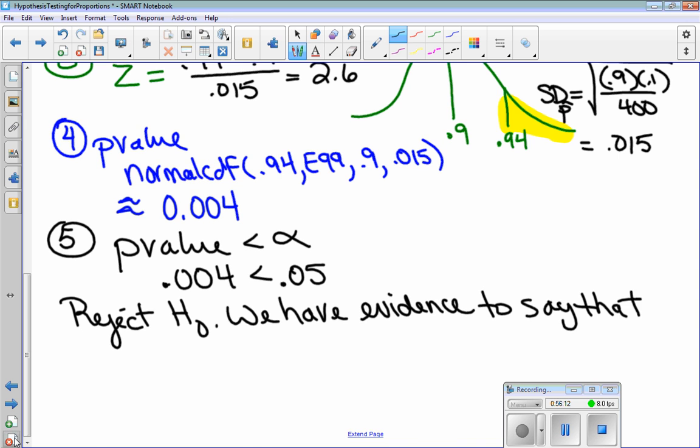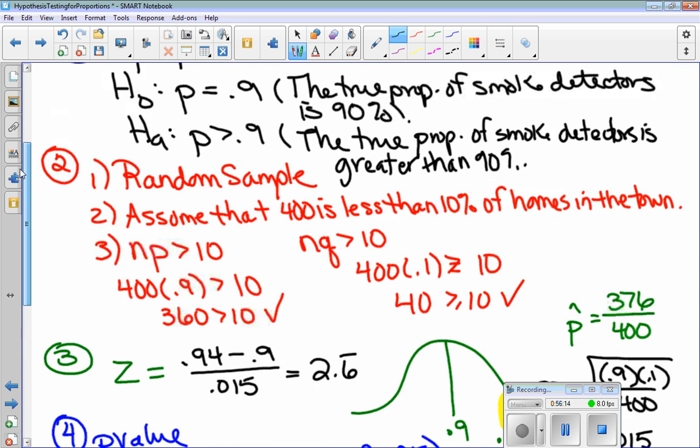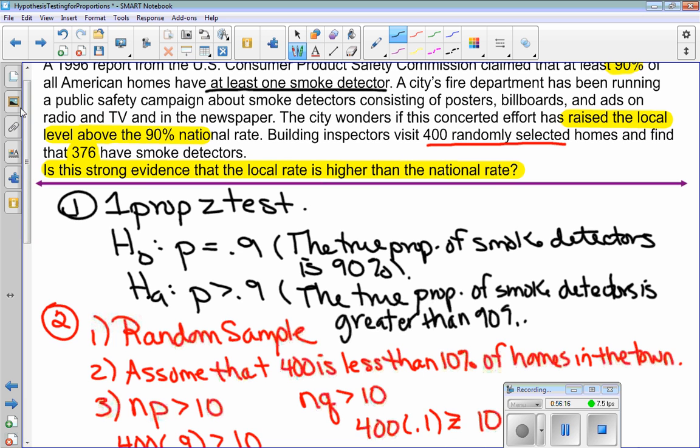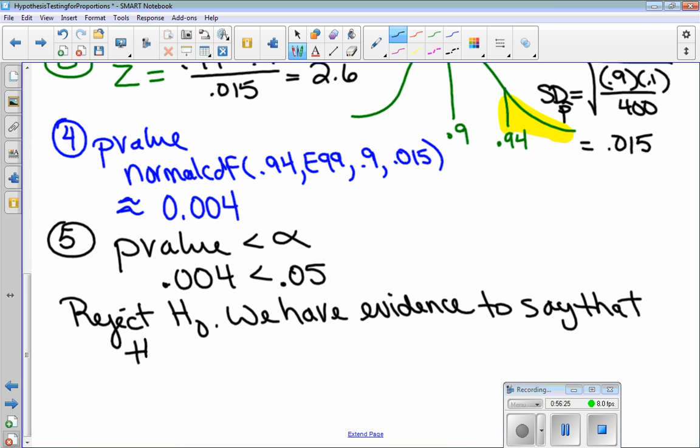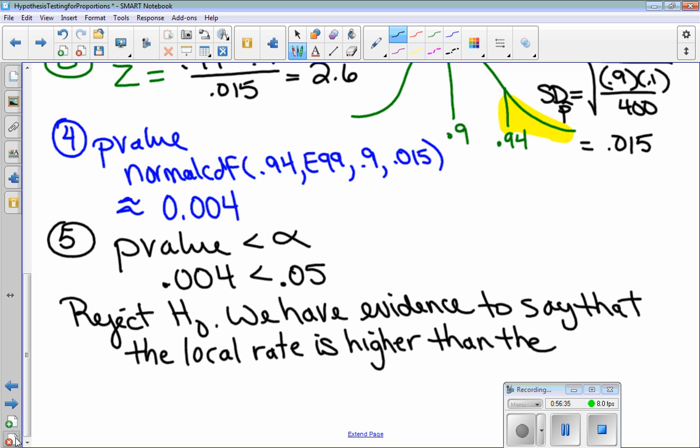Now let's go back up to the exact wording. The exact wording was, the local rate is higher than the national rate. So let's use it exactly like what they say in the problem, okay? So we have evidence to say that the local rate is higher than the national rate. The campaign worked.